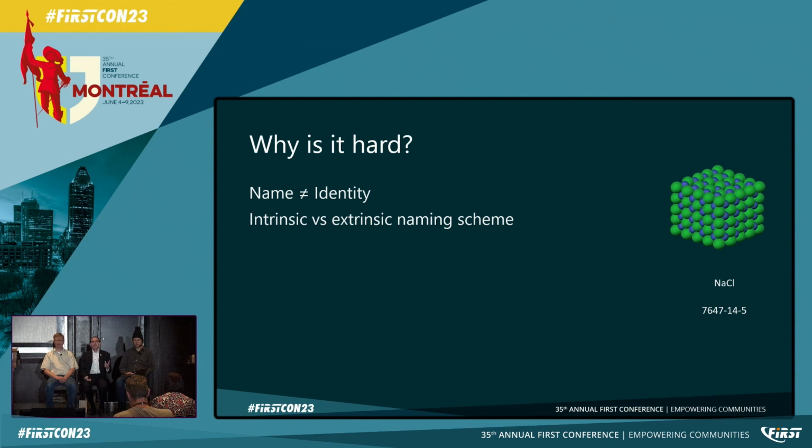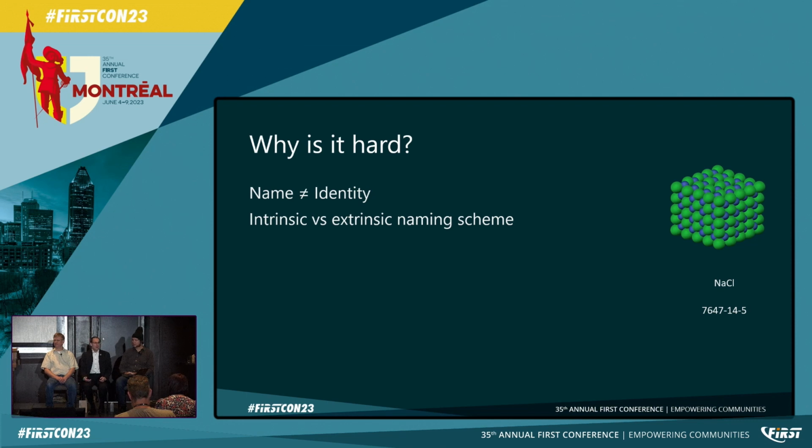And if we talk about names, there are two things that we know: intrinsic naming schemes and extrinsic naming schemes. If we talk about sodium chloride, we have an intrinsic naming scheme. It tells us exactly what sodium chloride consists of, sodium and chloride, and that gives us the structure. If you see 7647-14-5, you probably don't instantly know what it is.